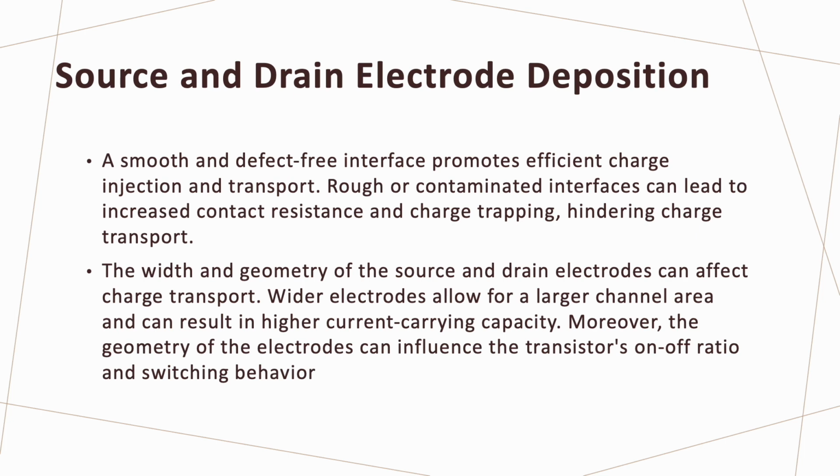The width and geometry of the source and drain electrodes can affect charge transport. Wider electrodes allow for a larger channel area and can result in higher current carrying capacity. Moreover, the geometry of the electrodes can influence the transistor's on and off ratio and switching behavior.